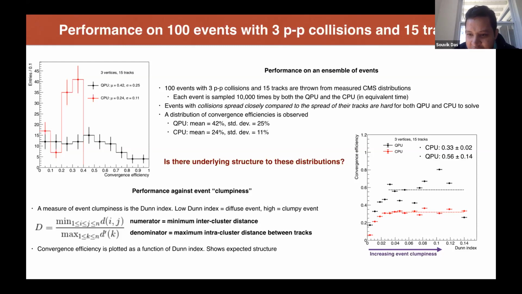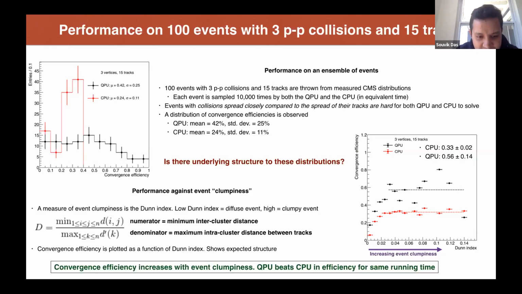You can see that the CPU converges and has better and better efficiency as the vertices get nicely separated. The QPU, the black dots, are kind of all over the place, but they're still rising, and we can discuss why. But let's go on. The convergence efficiency increases with event clumpiness, and the QPU sort of beats the CPU in efficiency for the same running time, but it's roughly similar.